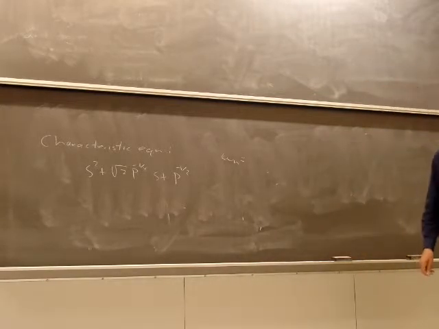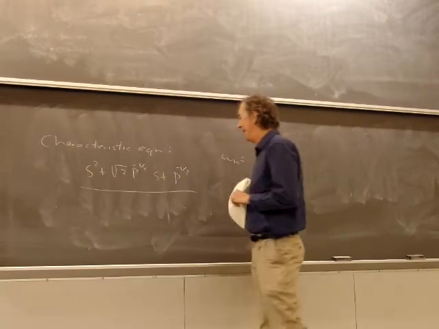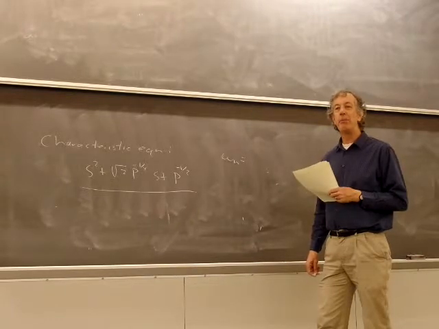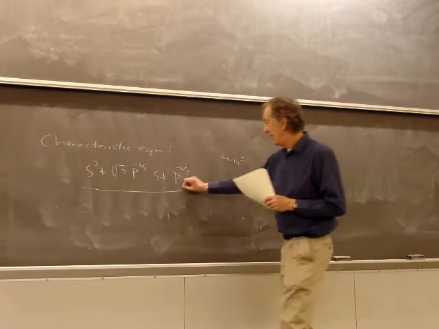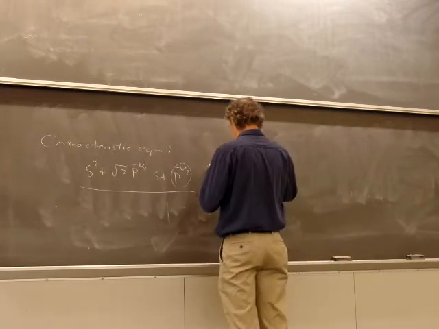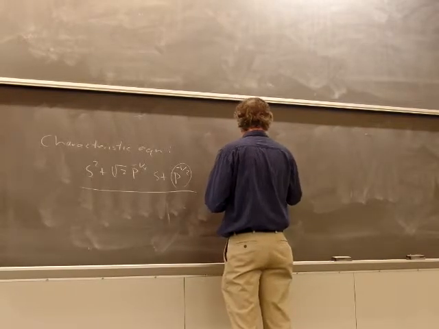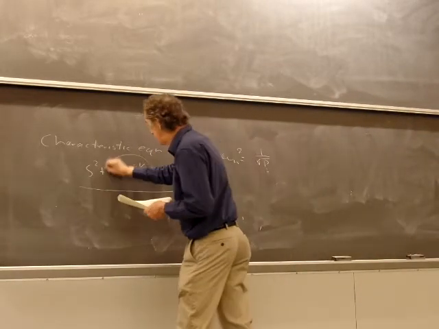What's the natural frequency? Where does the natural frequency show up in the characteristic equation? Second order. Square root of this piece. And what's this expression equal to?